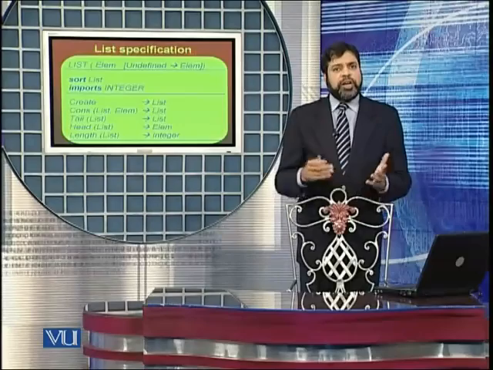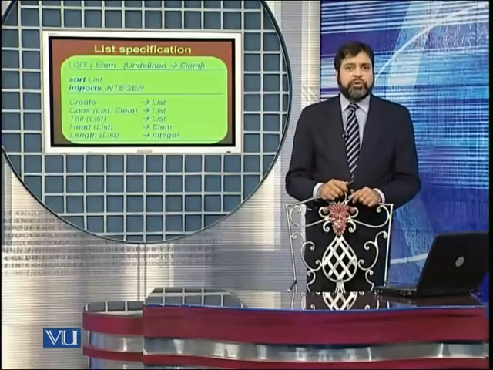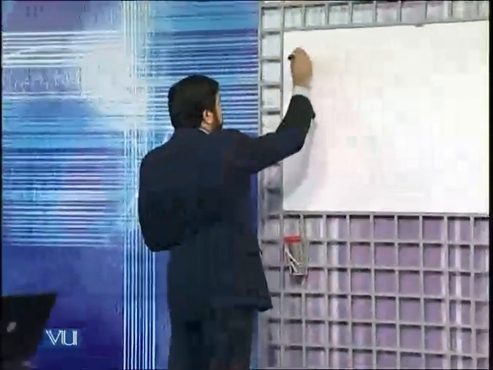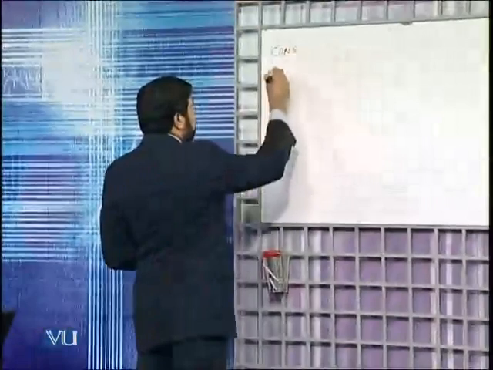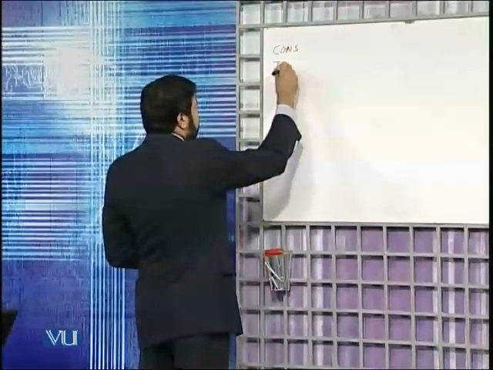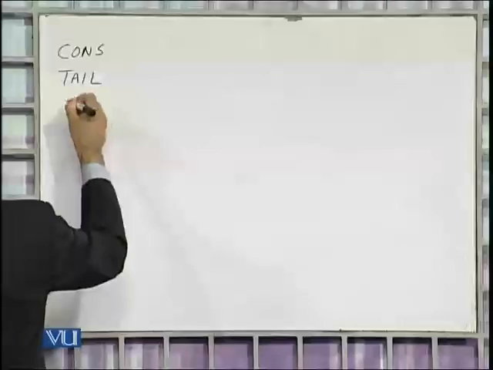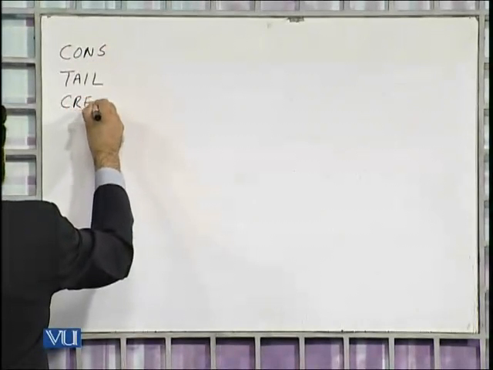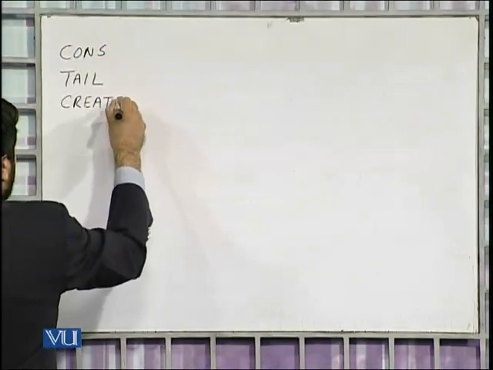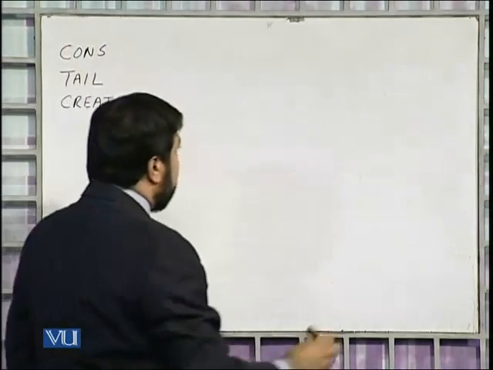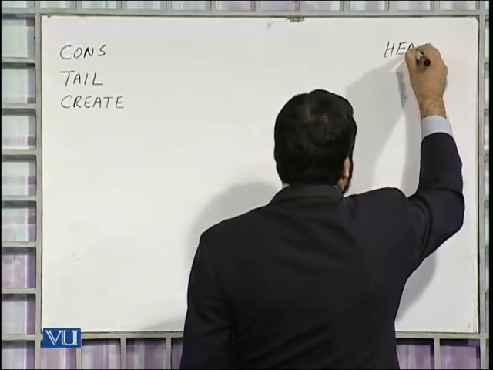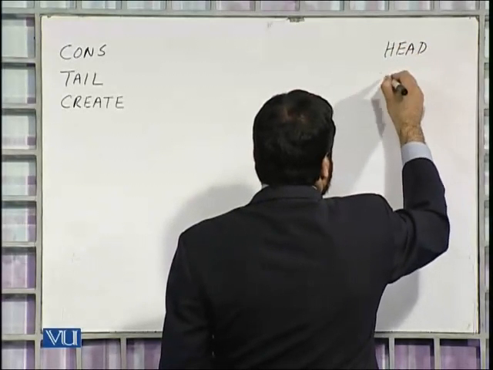So once again, let us write the axioms for those. So we have cons, we have tail, we have create, and on the other hand, we have head, and we have length.